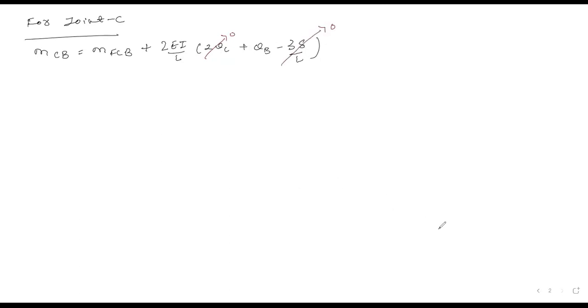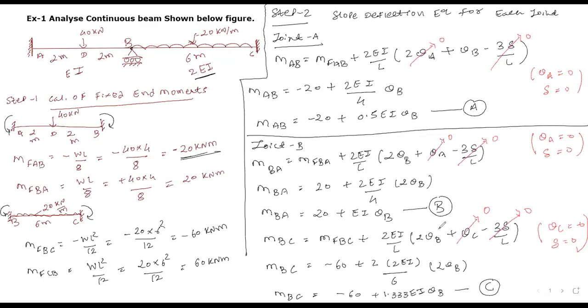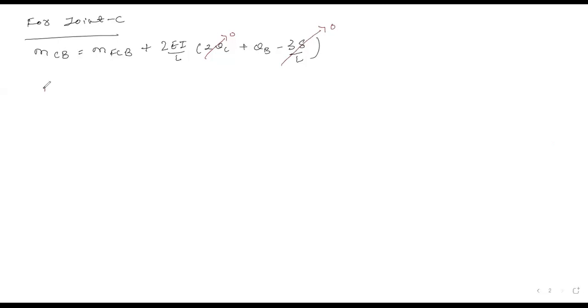Put other values. What is the value of MFCB? MFCB is equal to 60 kN/meter. Put that value. So we will get MCB equal to plus 60 plus 2 into 2EI divided by 6 into theta B. So we will get MCB equal to 4 by 6.